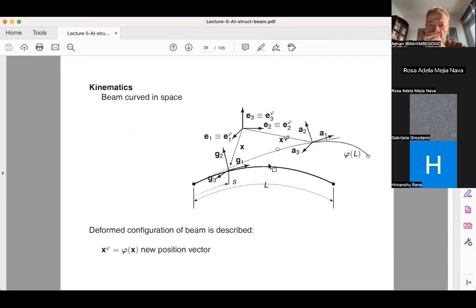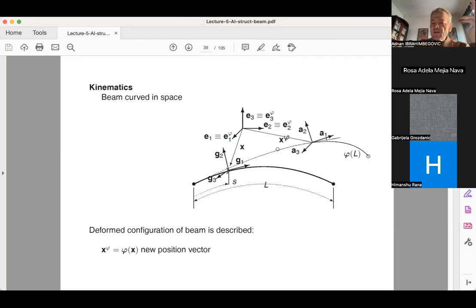proper kinematics. So when we study the beam element, and this curvilinear beam element, here's this curvilinear coordinate S that is parameterizing the length of the beam from 0 to uppercase L. And we start by positioning a local Cartesian frame such that G1 is a tangent vector, and G2 and G3 are perpendicular to G1, and they are placed then in the cross-section plane.